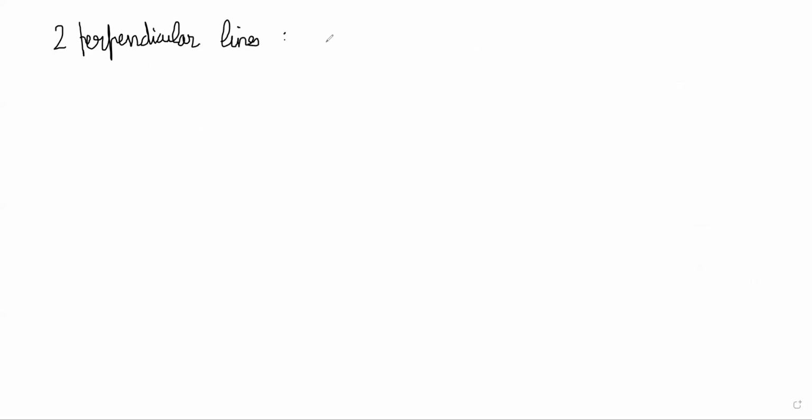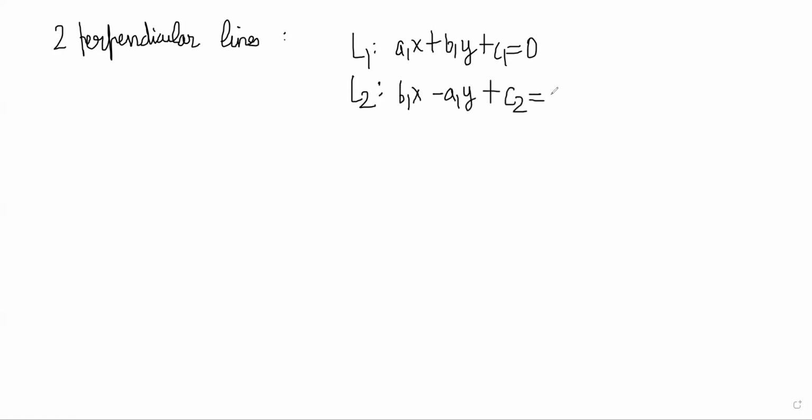Now, if you have a situation where they have given you two perpendicular lines, let's say the lines are L1, which is a1x plus b1y plus c1 equal to 0, and L2, which is b1x minus a1y plus c2 is equal to 0. It is obvious that L1 is perpendicular to L2 from the equations themselves. Now, let's say we need to find a hyperbola locus using these two lines. So we will drop a perpendicular PN, the perpendicular to L1.